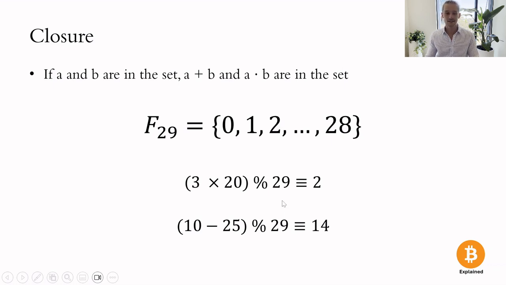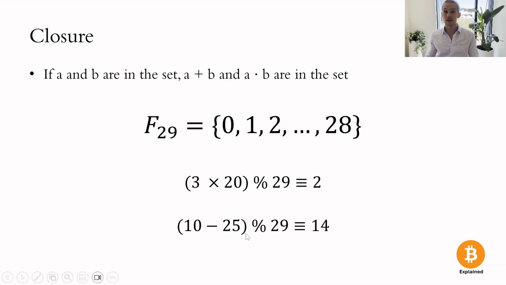So what that means is that we're not just able to wrap around the edges of this finite field when we overflow past 28, where we start again at 0, but the same thing happens when we go below 0. So if we go below 0, in a sense, we wrap around the other side and then keep going back down as many elements as we still need to subtract, and in this case that would be 14. Now to understand this, there's two different ways to think about this.